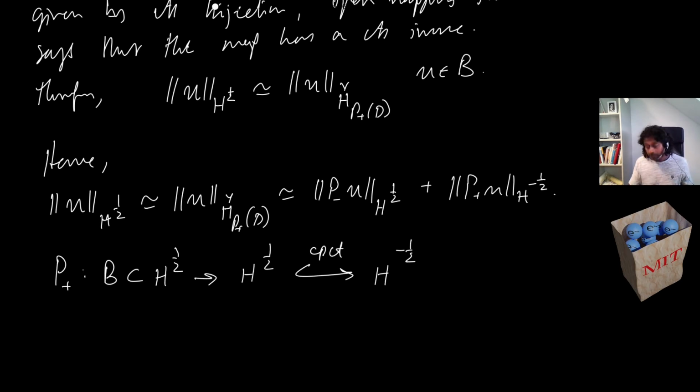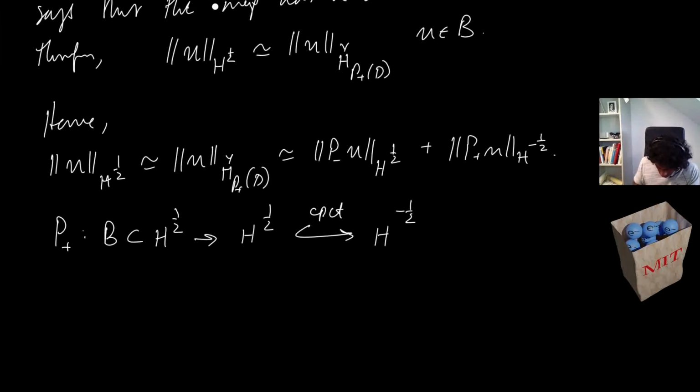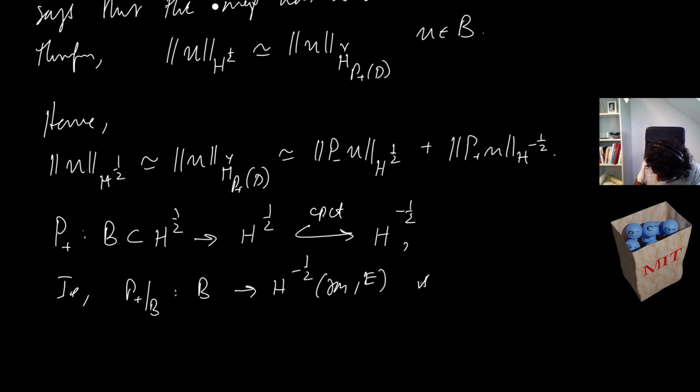So we factor P plus through this map, i.e. P plus restricted to B, mapping B to H minus a half ∂M, is compact.